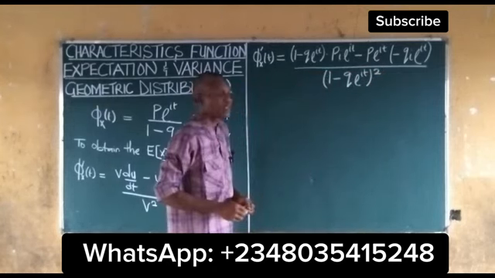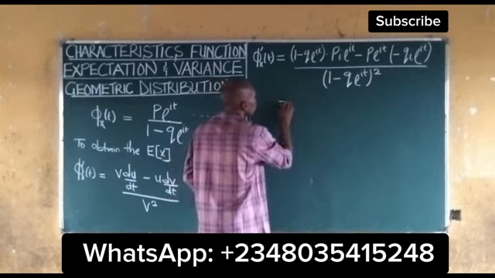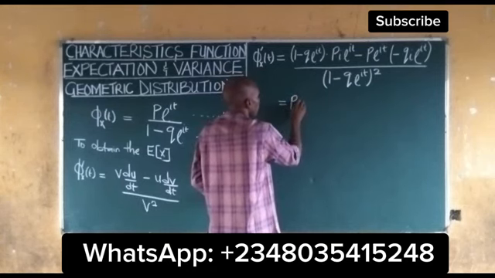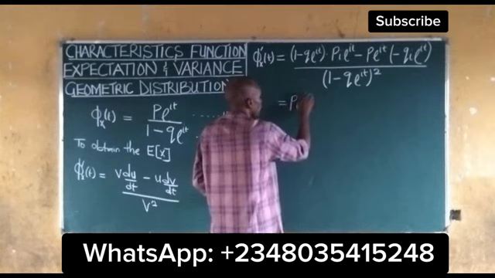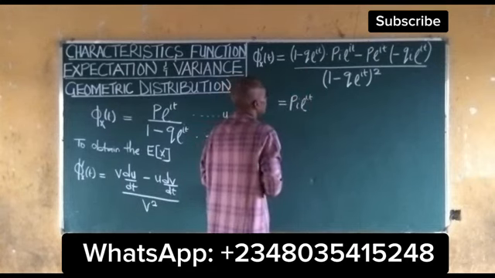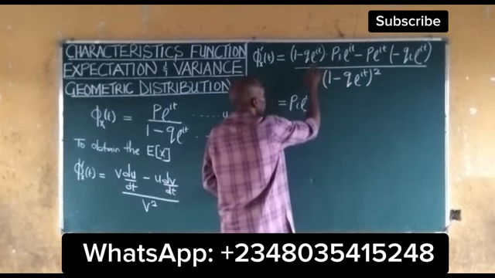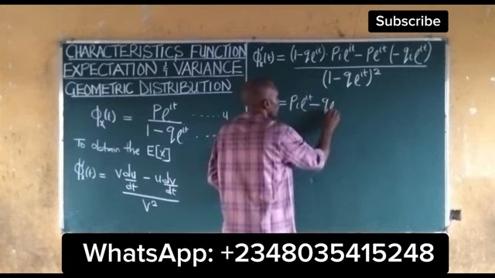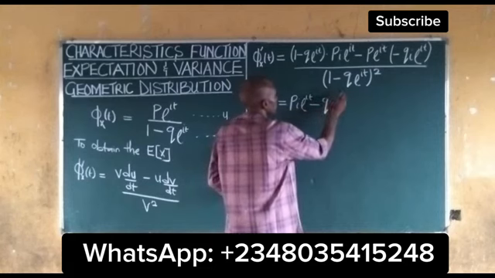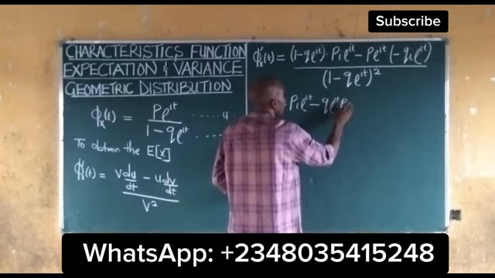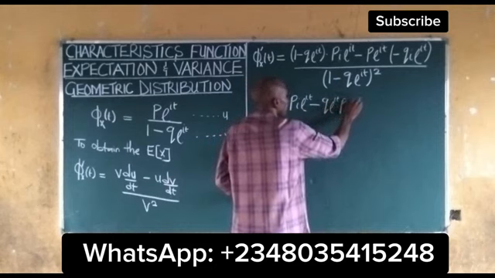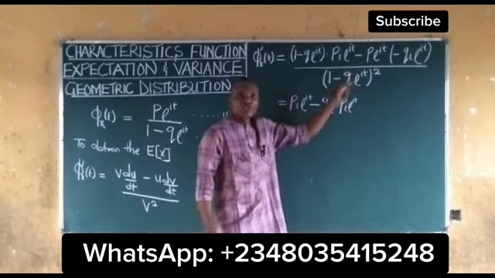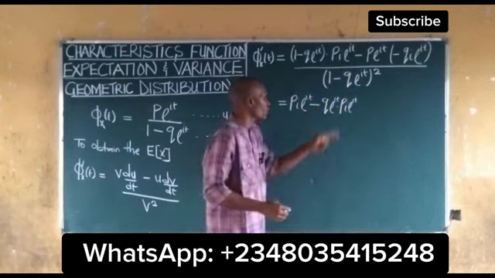This is also equal to, now we can open these brackets to give us p i e^(it) minus, this will multiply this to give us, q e^(it) multiplied by p i e^(it).